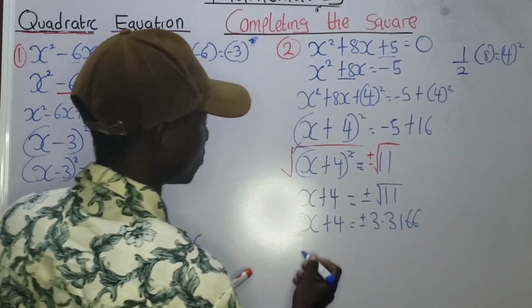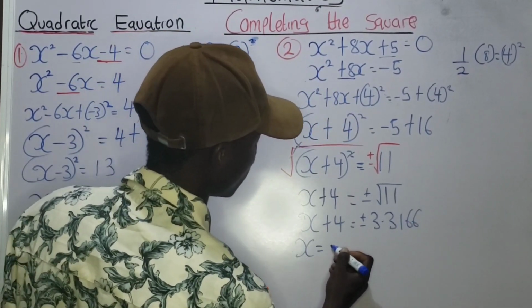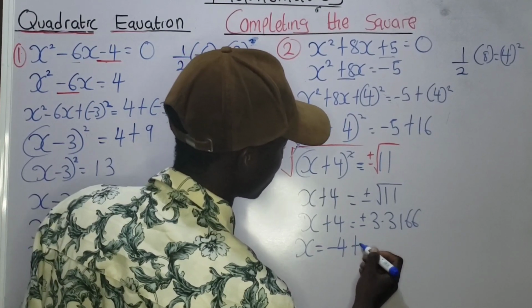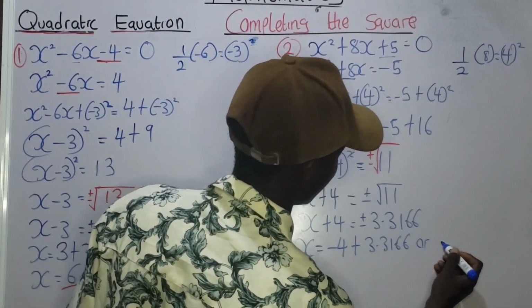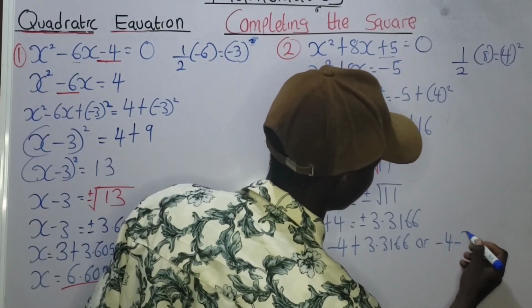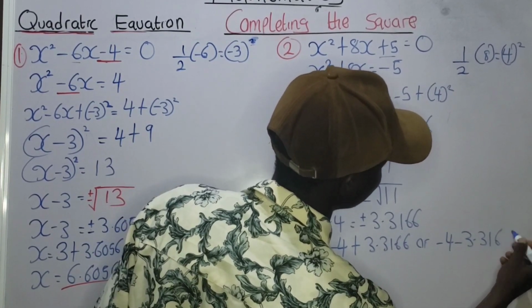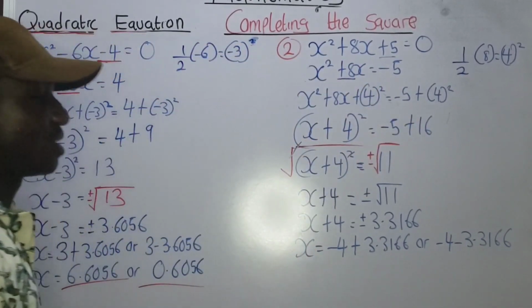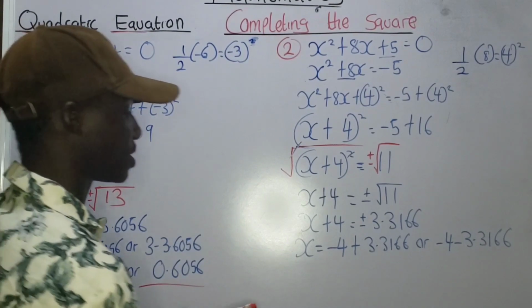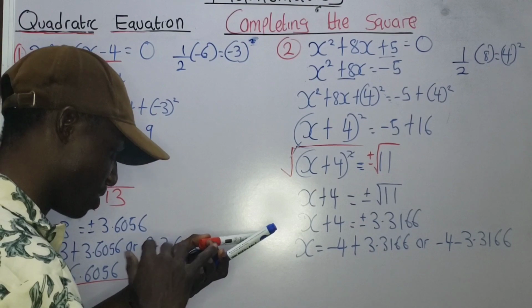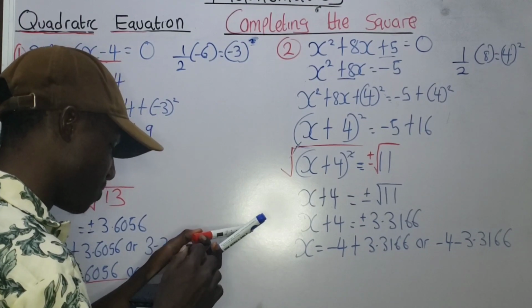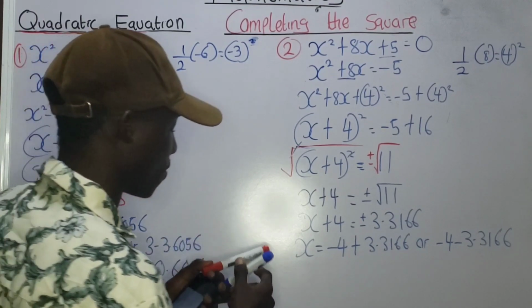Okay, so x is equal to negative 4 plus 3.3166 or negative 4 minus 3.3166. Do you understand? Now negative 4 plus 3.3166, that will be, let me punch the calculator here. That is negative 0.6834.